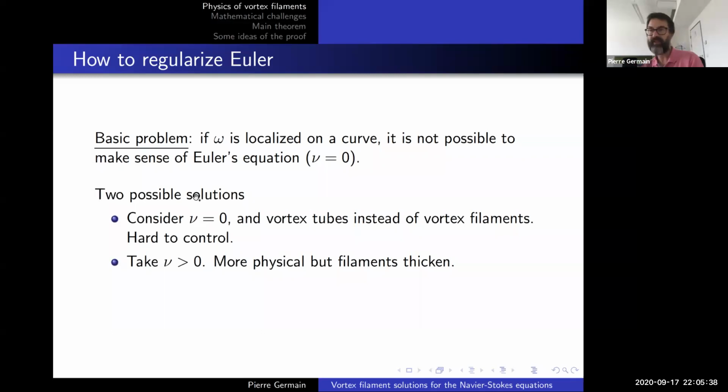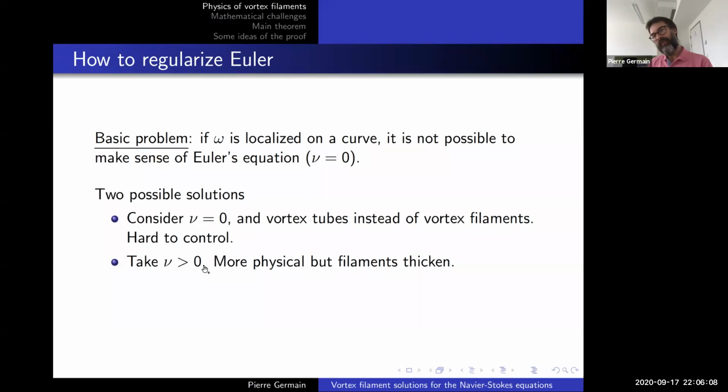That is, you thicken the filaments a little bit, and the vorticity is not supported on a 1D object, but on a very thin 3D object. It seems difficult, so we chose rather plan B, which is to look at Navier-Stokes, so take a positive viscosity.